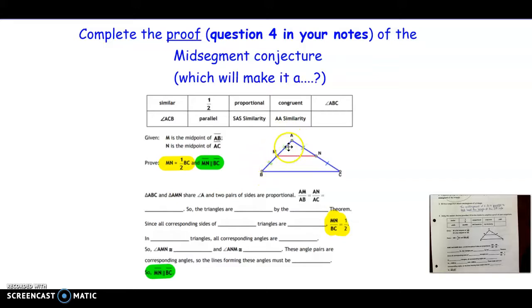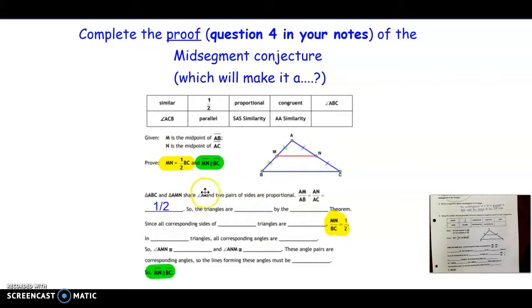Remember, since these parts are congruent, AM would be half of AB. And that's equal to AN compared to AC. Again, since these parts are congruent, AN would be half of AC. So both of these ratios would equal 1/2 since M and N are midpoints.